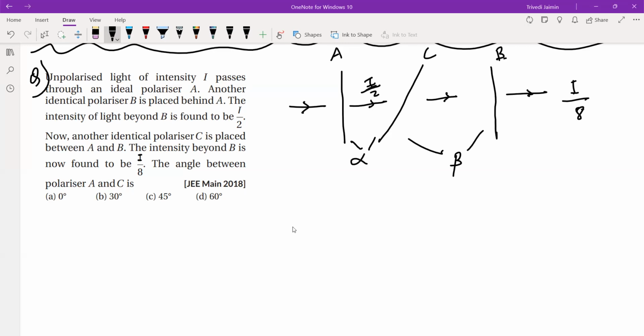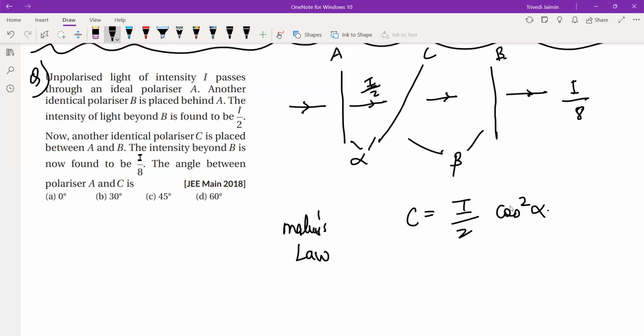So, Malus law of intensity. For C, it equals I by 2 cos square alpha.